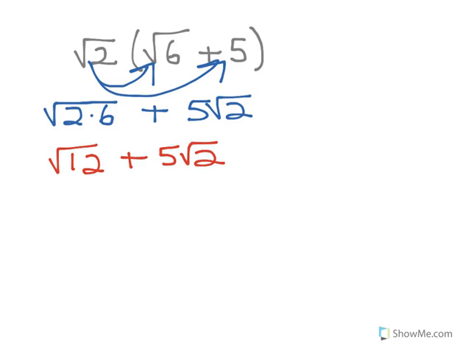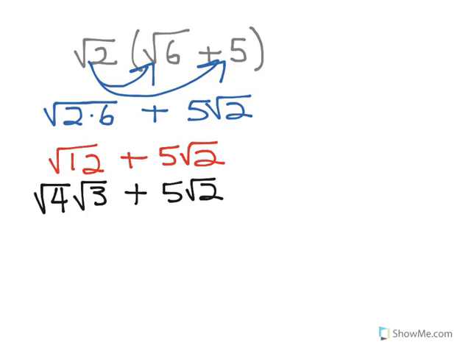Now we're not finished yet because radical 12 actually has a perfect square within it. So we can rewrite radical 12 as radical 4 times radical 3, and then our 5 radical 2 is in simplest form.